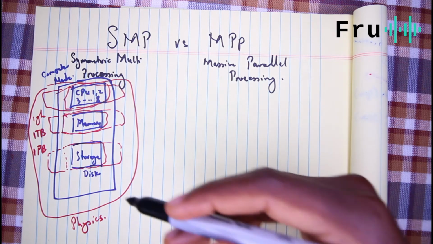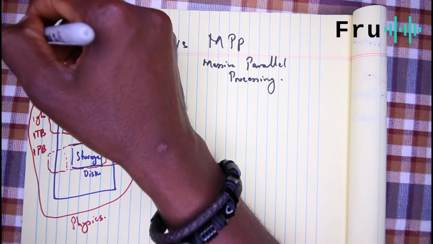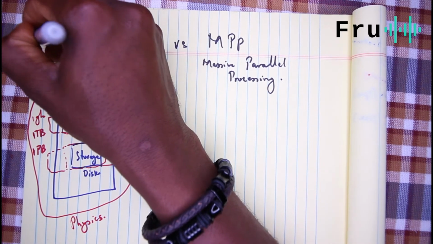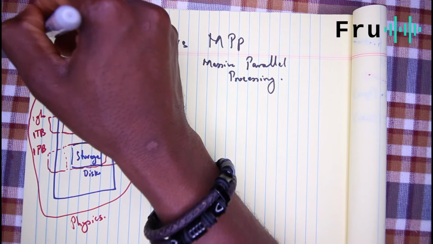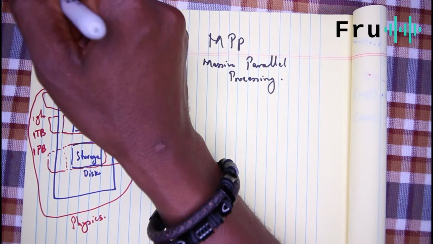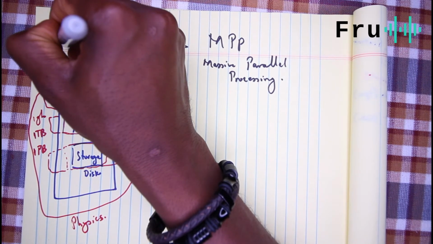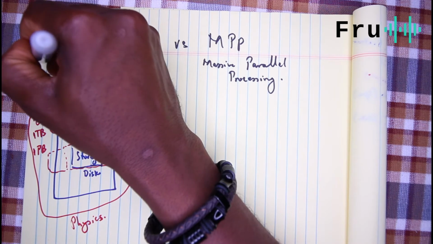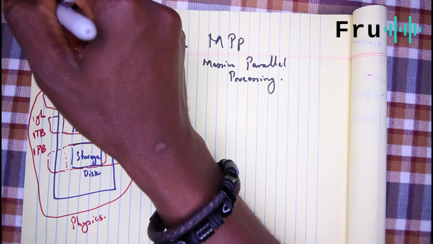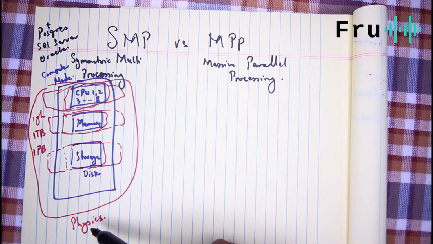The databases that use this architecture would be your typical databases, say Postgres, SQL Server, Oracle, and a lot of databases are basically using this architecture.